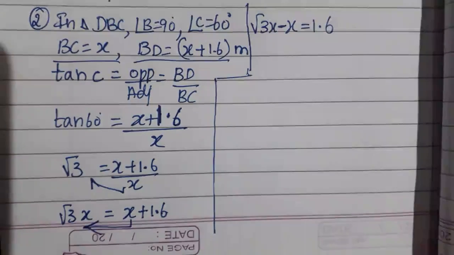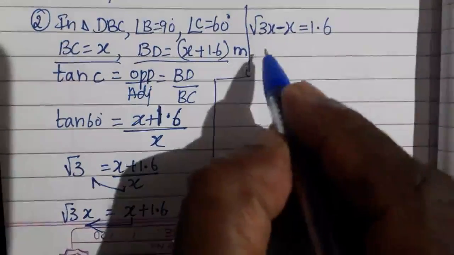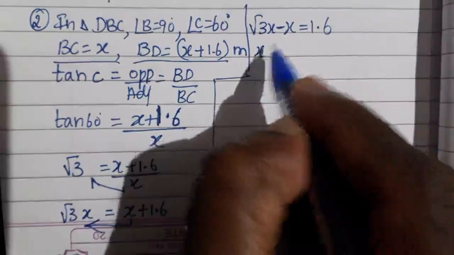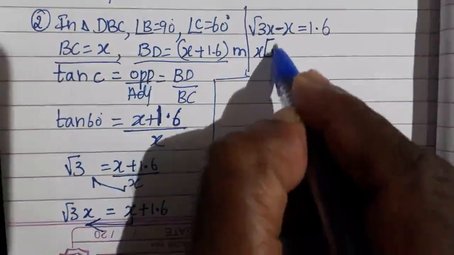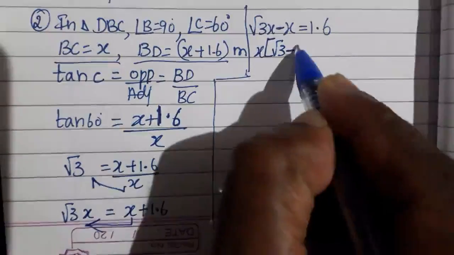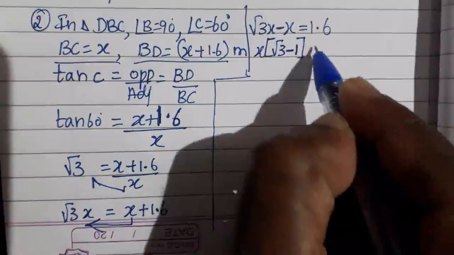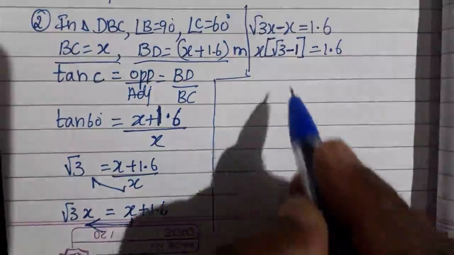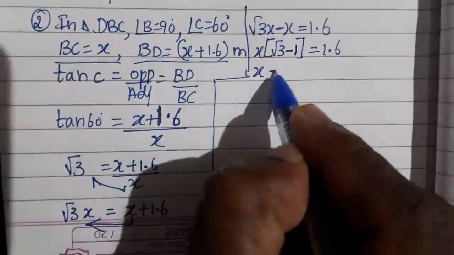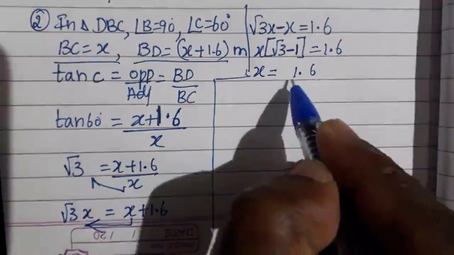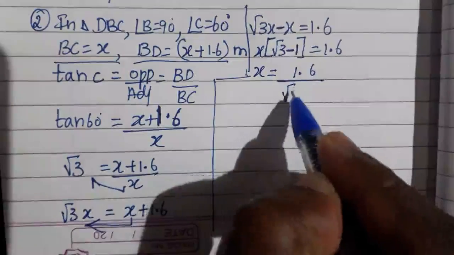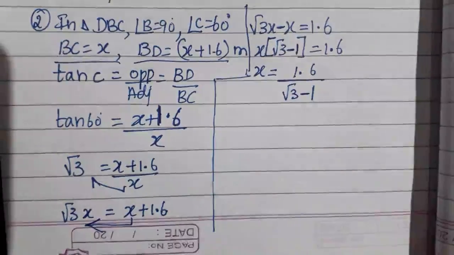Now you can notice x is common. When you take x as common, open the bracket. So here root 3 will remain. Here minus 1 will remain. Close the bracket, is equal to 1.6. Now I want the value of x. So x is equal to 1.6 divided by root 3 minus 1.